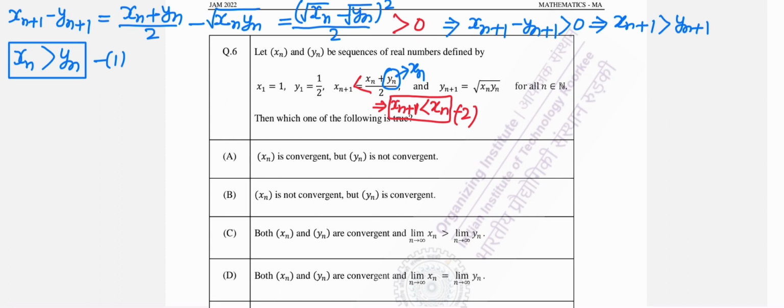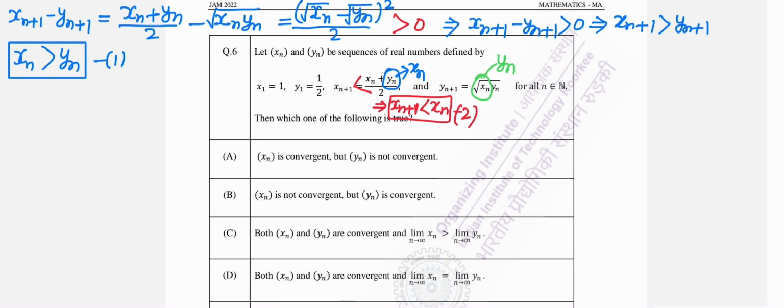Now we do the same thing, but in this relation I show you. See this relation, both are equal, this equals this one, and this time I replace x n, the greater number, with a smaller number y n.